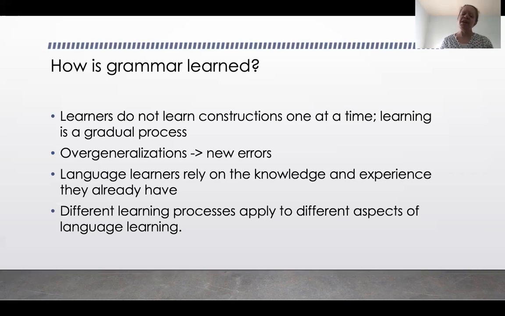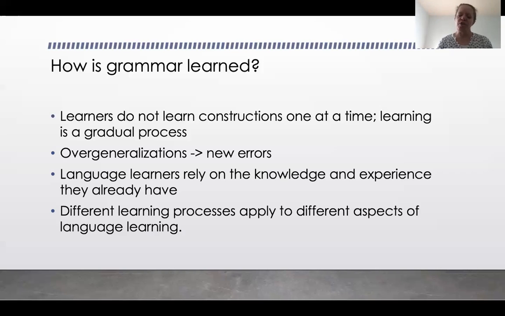And finally, different learning processes apply to different aspects of language learning. For some aspects, like using irregular past tense verbs, this relies a lot on drill and memorization. We need to memorize the different irregular verbs.